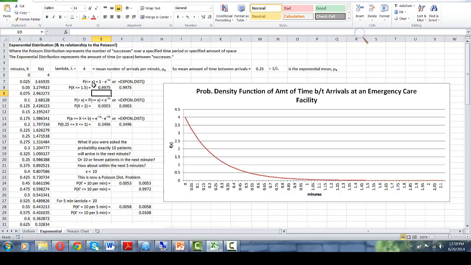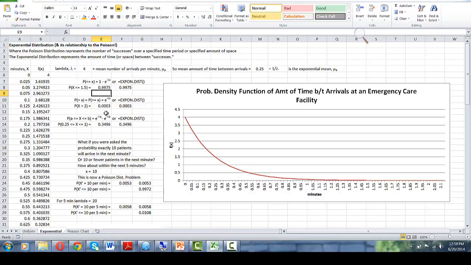So 1 minus all of this gives us e to the minus lambda x. So e to the minus 4 times 2 is pretty small, 0.003. So it's pretty unlikely that over 2 minutes will lapse before the next arrival.